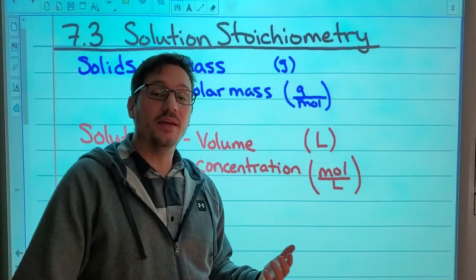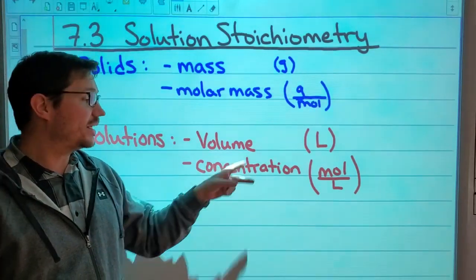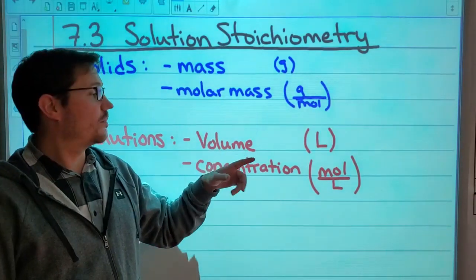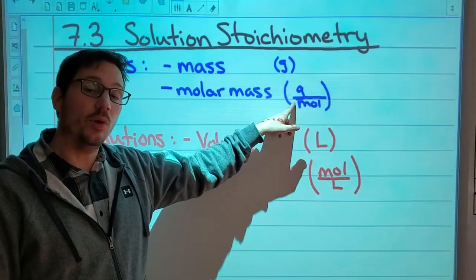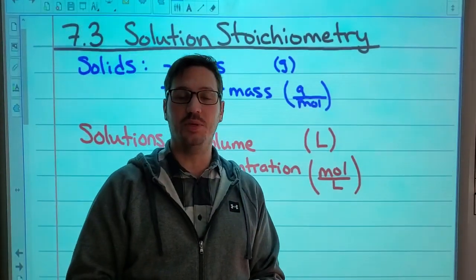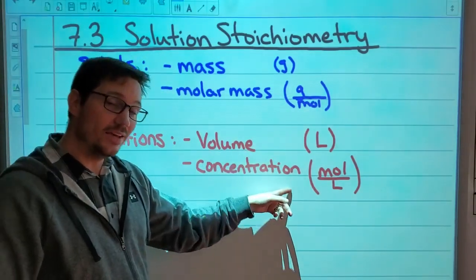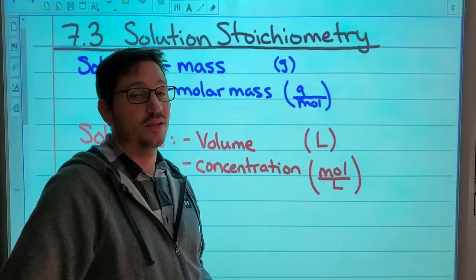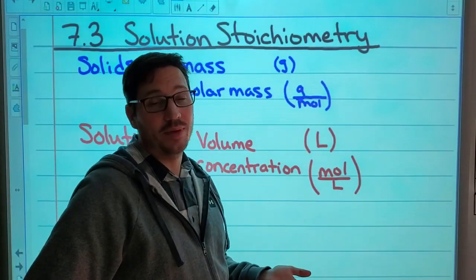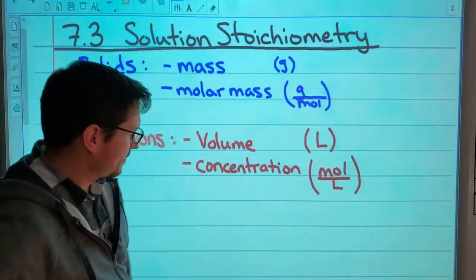The good thing about solution stoichiometry is that you basically have to be given both of these things, whereas with a solid you had to go looking for the molar mass in the data booklet, in the periodic table, and calculate it. This time, we have to give you both of these things. So it's actually a lot easier than gravimetric stoichiometry. But we'll see how it goes in the next case.